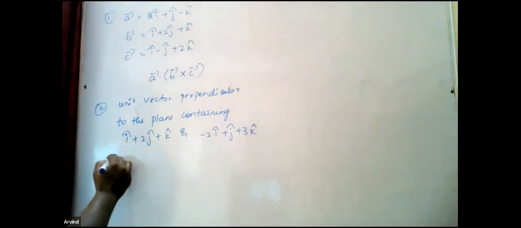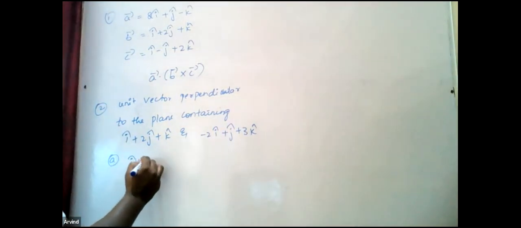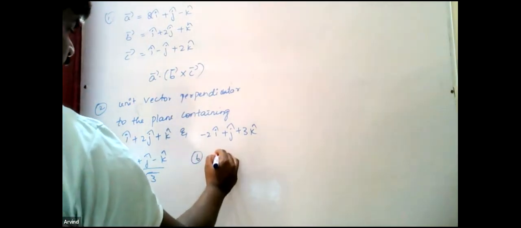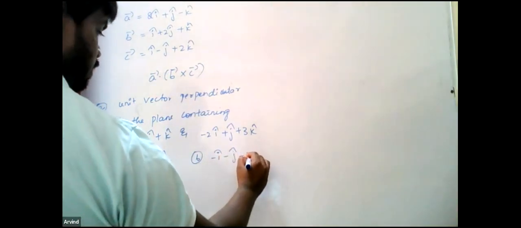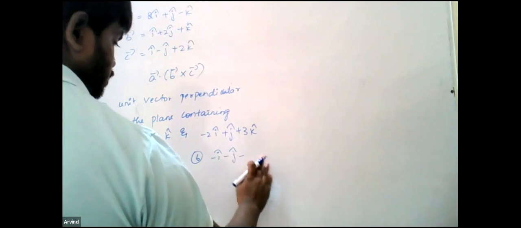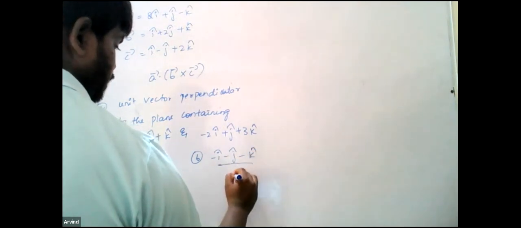Here the options are: option A, i cap plus j cap minus k cap divided by root 3. Option B is minus i cap minus j cap minus k cap divided by root 3.